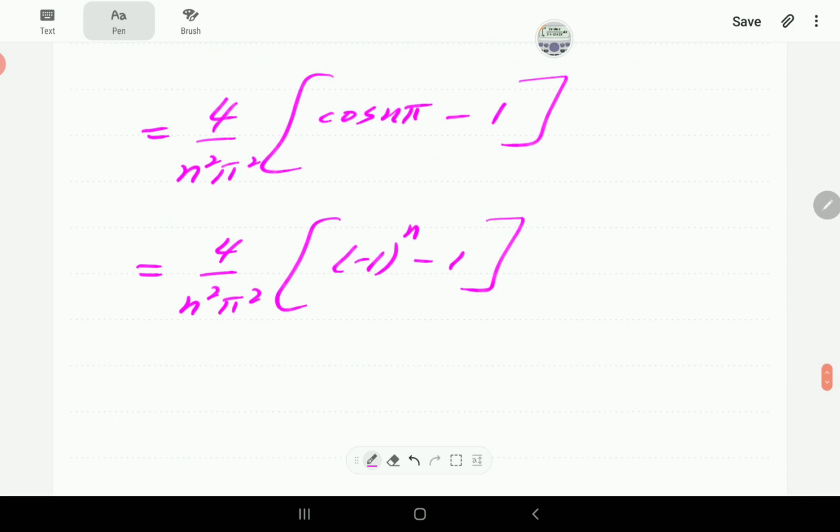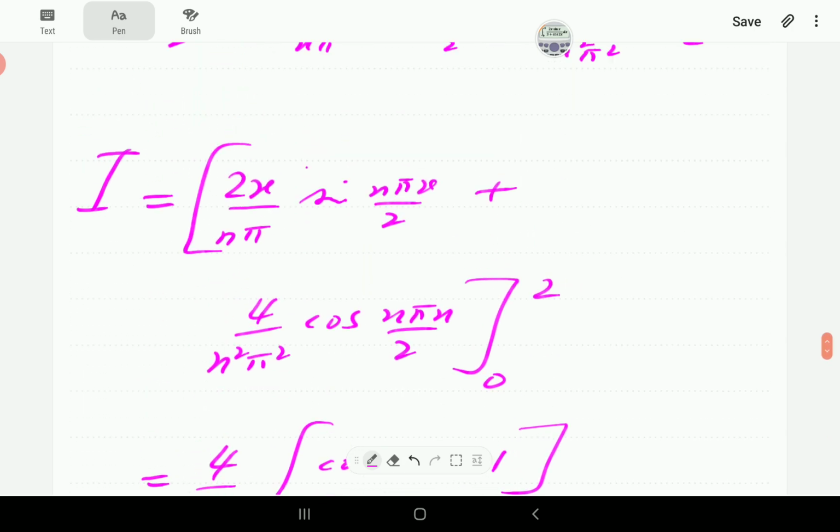So when n is odd, this thing is going to give us minus 8 over n squared pi squared, and when n is even, this thing is going to be 0.